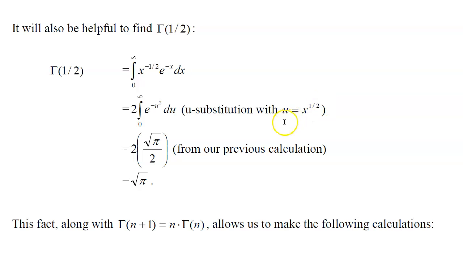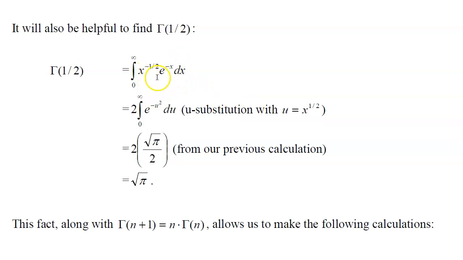If u is x to the 1/2, you might think, why am I doing x to the positive 1/2? Because there's an x to the negative 1/2 here. The du would be 1/2 x to the minus 1/2 dx. And then you can go back and resolve this for x: x would be u squared.